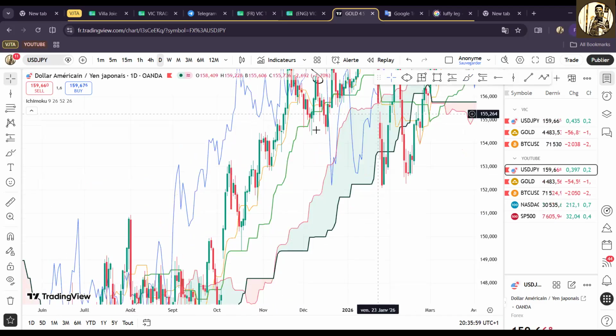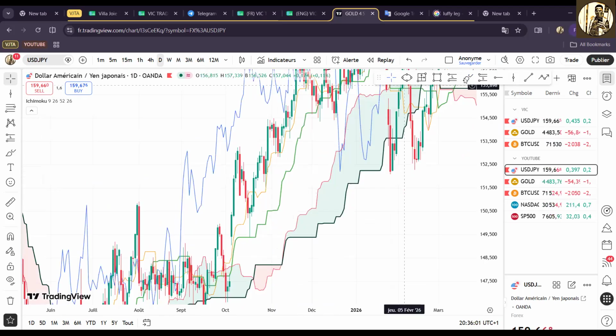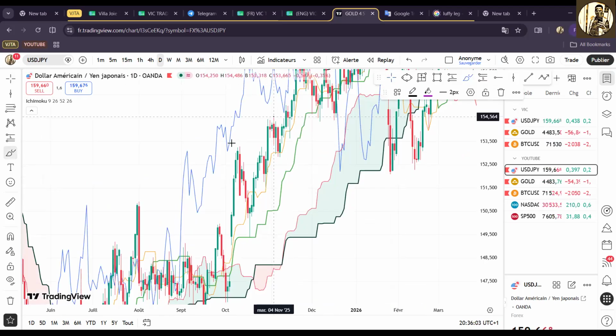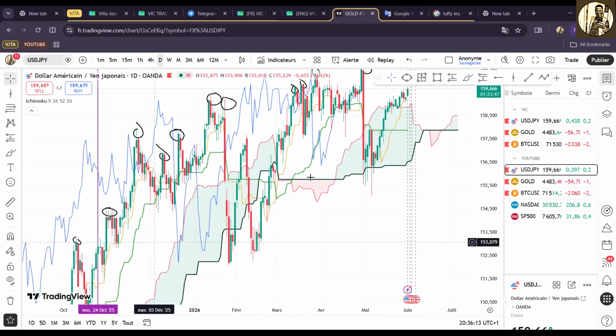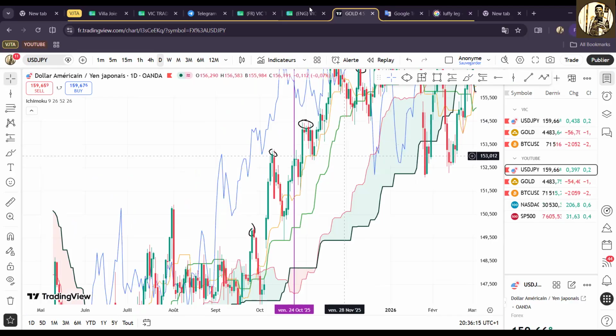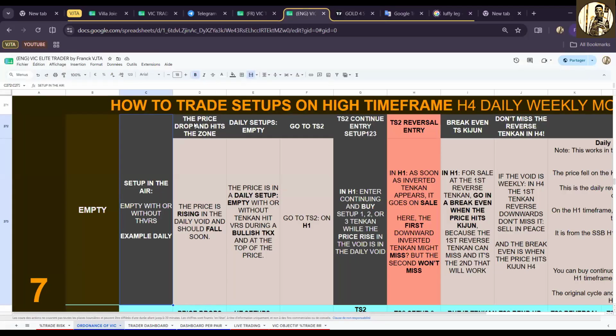So those are empty setups, right? So let us take, for example, this setup, MTM. So the price dropped and hit the zone.